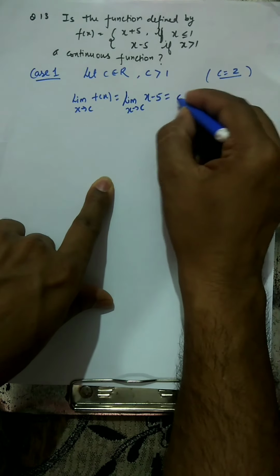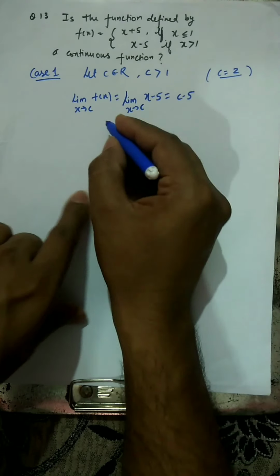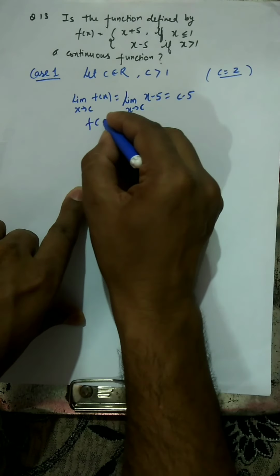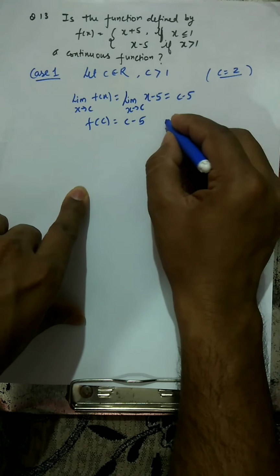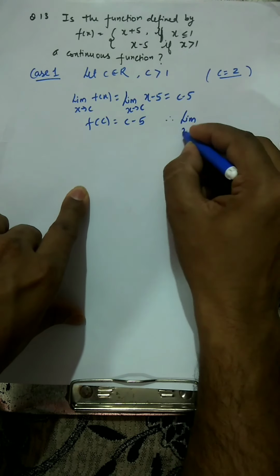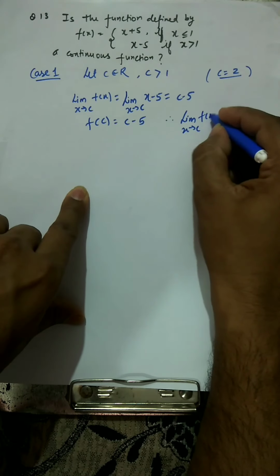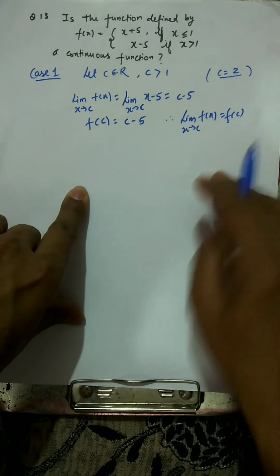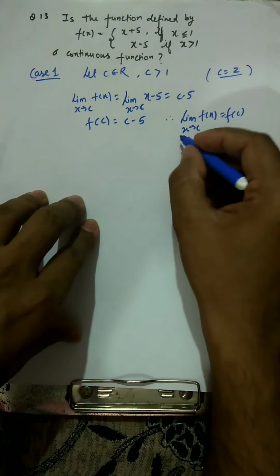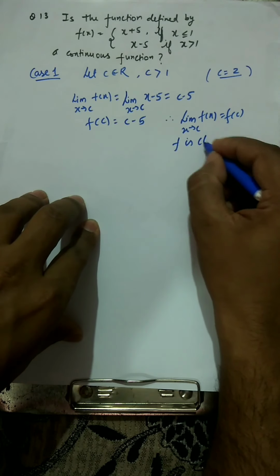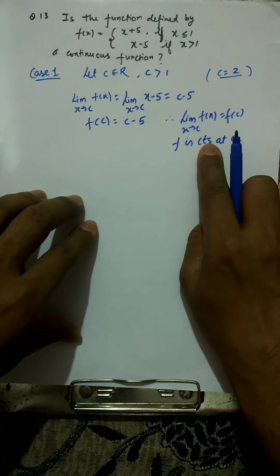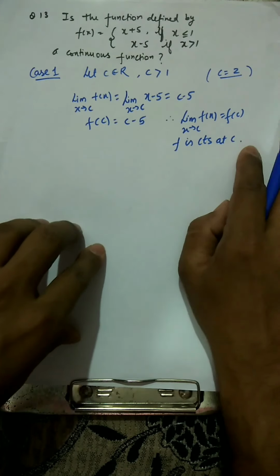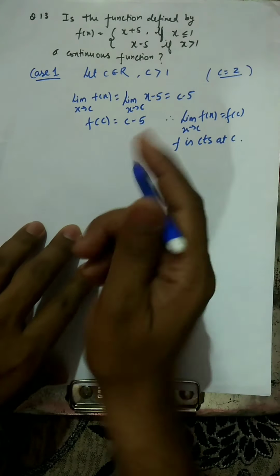So we can write c minus 5, and f(c) will again be c minus 5. So you can see that limit x tends to c of f(x) equals f(c). So it means f is continuous at c. I'm going to write this CTS in short form for the remaining questions.